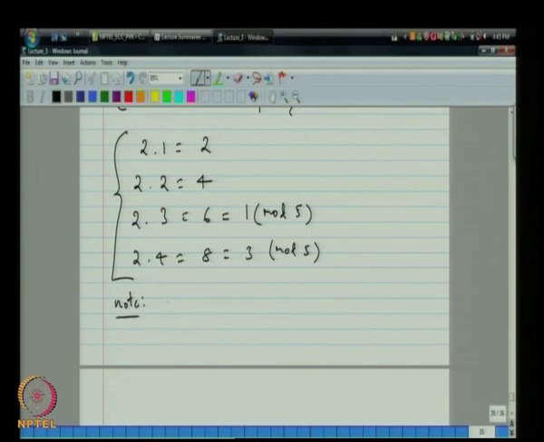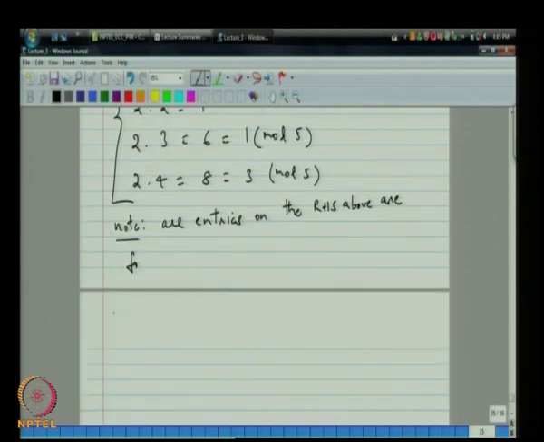note, all entries on the right hand side above are forced to be distinct.